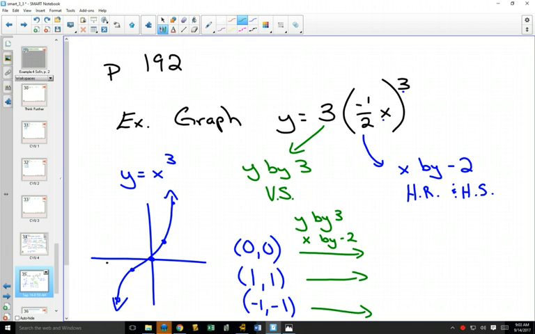So 0, 0, that's some nice mental math to be able to do. 1, 1, x gets multiplied by -2 and y gets multiplied by 3.